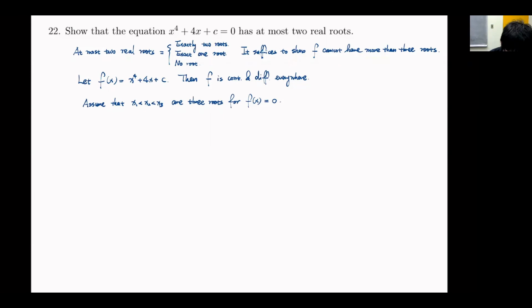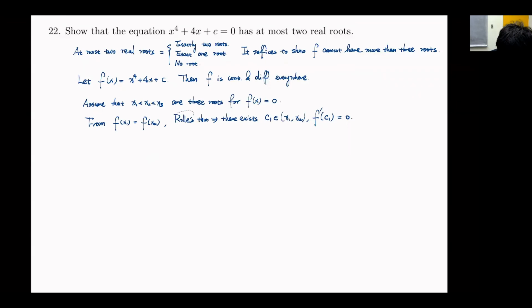First, from f of x1 equals f of x2, together with the fact that f is continuous and differentiable on the closed and open interval x1, x2, Rolle's theorem will tell me that there exists C1 sitting between x1 and x2, such that f prime of C1 equals 0.